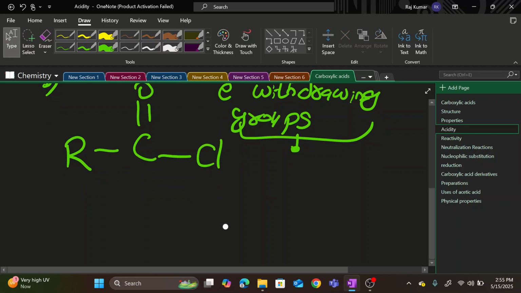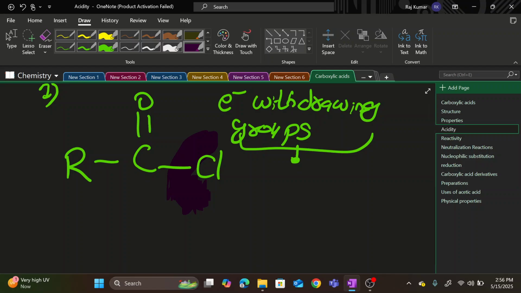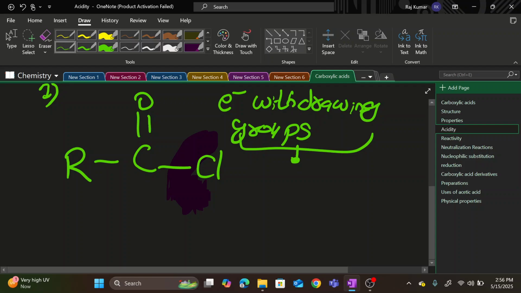What chlorine will do is bring the entire electron cloud of carbon, and the electron cloud of oxygen, towards itself, due to which this would be making the carbon more electropositive.